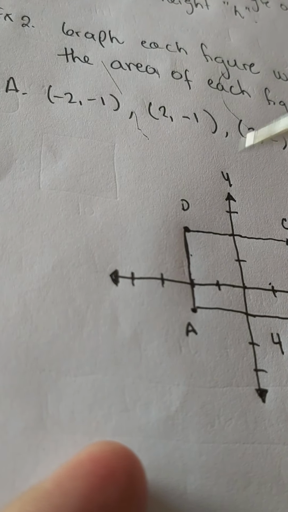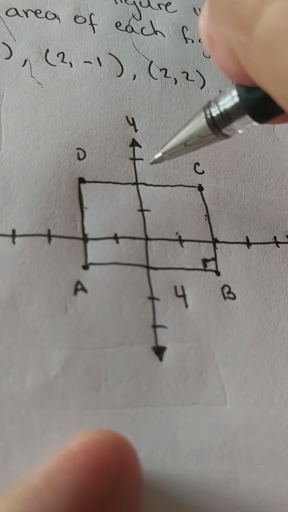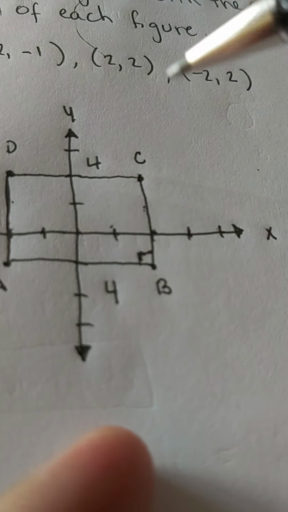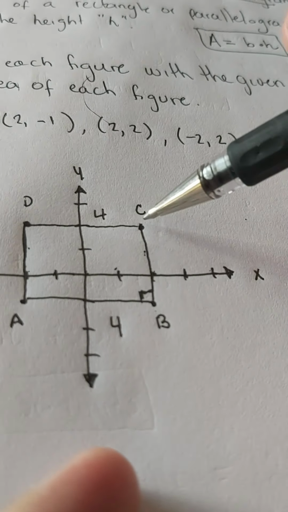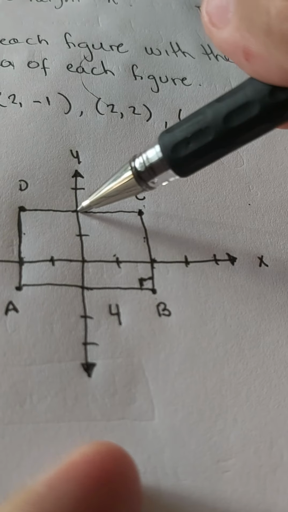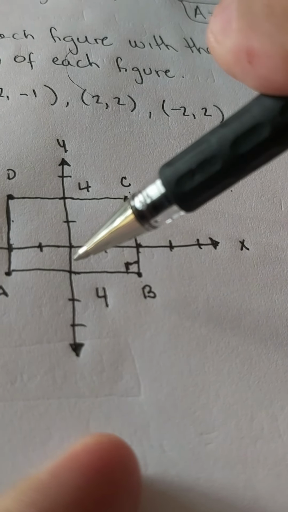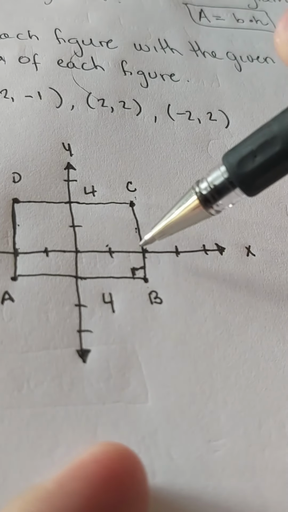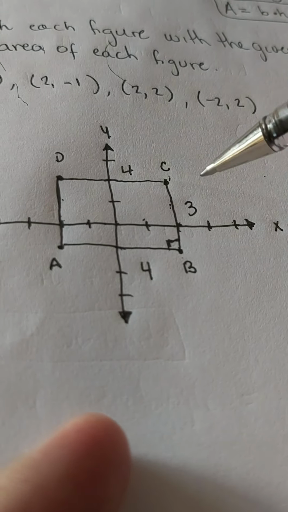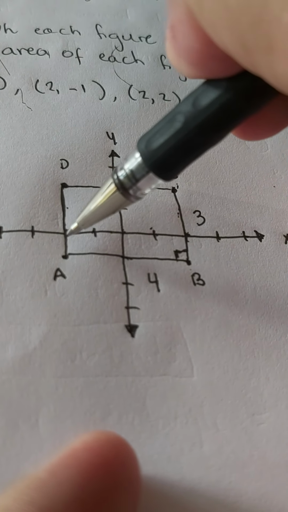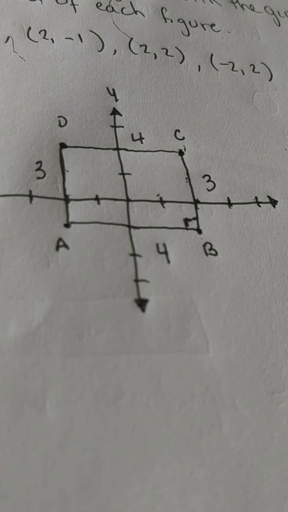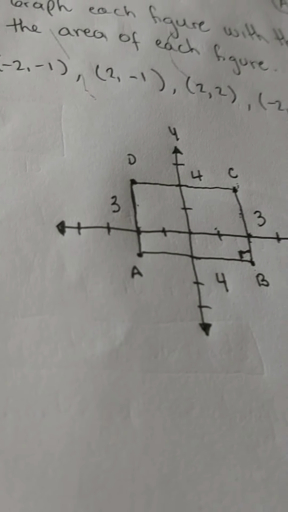If this measures 4, CD measures 4 too. Now let's find the measure of BC. Notice, from B to C in y is -1, and here it's +2. So the measure from here to here will be 1, 2, 3. If this measures 3, this side also measures 3. Okay? So those are the lengths of this rectangle.